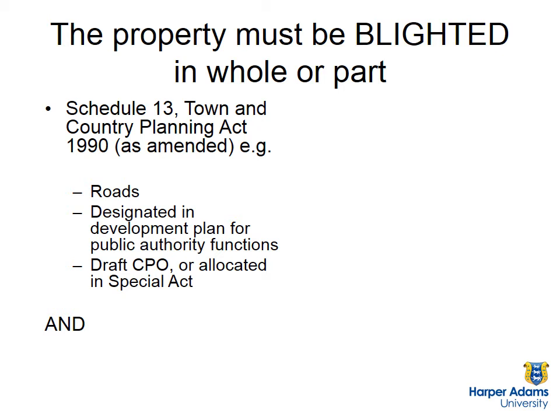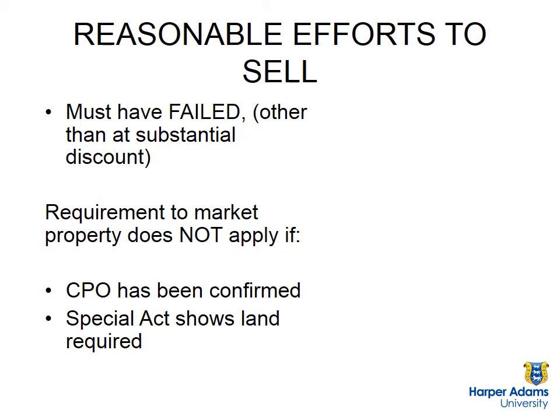Note that it's your property which must be blighted. So in other words, these proposals must be on your property. It's not enough to say that these proposals are made for property nearby. They must be directly requiring some or all of your property. Not only must your property be covered by one of the types of land use specified in the Town and Country Planning Act, but generally you must have made reasonable efforts to sell.